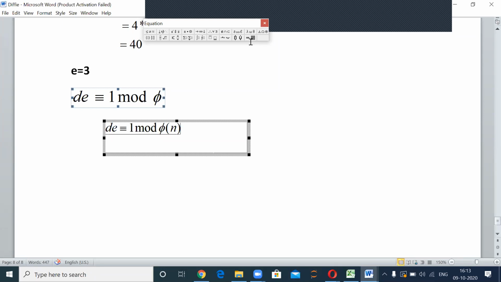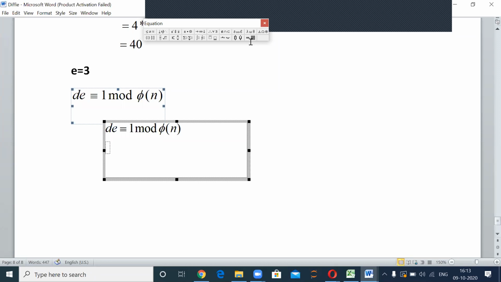This is nothing but DE. E is 3. DE congruent to 1 mod phi of n. What is phi of n? Phi of n is 40.